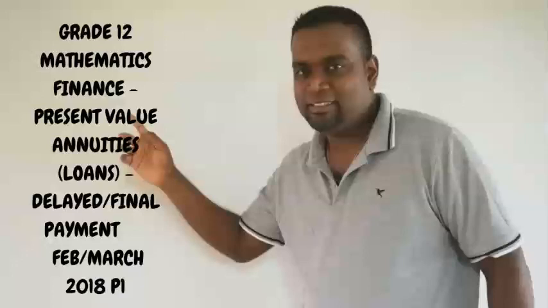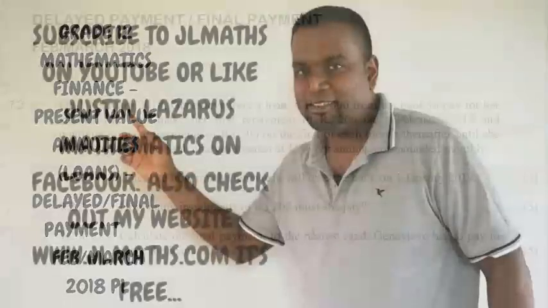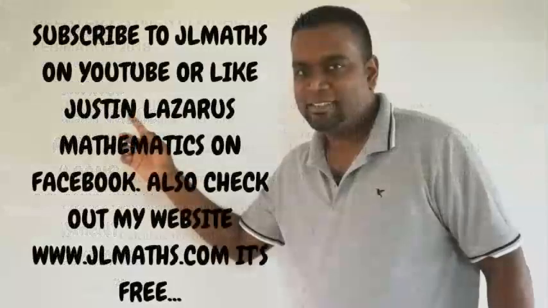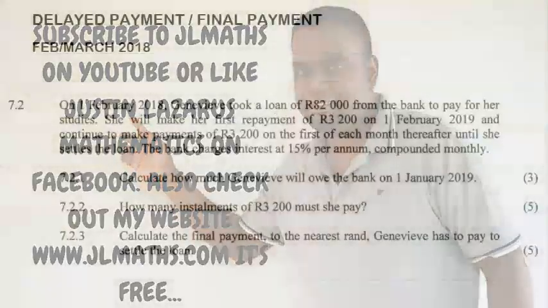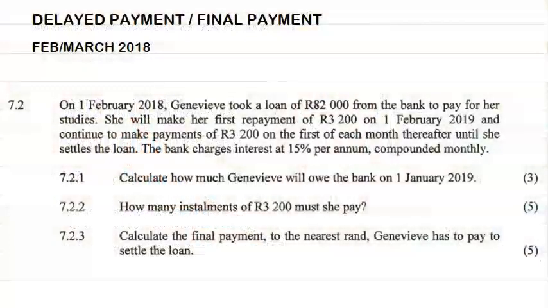Today we're going to be looking at a delayed payment and a final payment in this particular question, which appeared in the February-March 2018 examination 1. It says on the 1st of February 2018, Genevieve took a loan of 82,000 rands from a bank to pay for her studies.